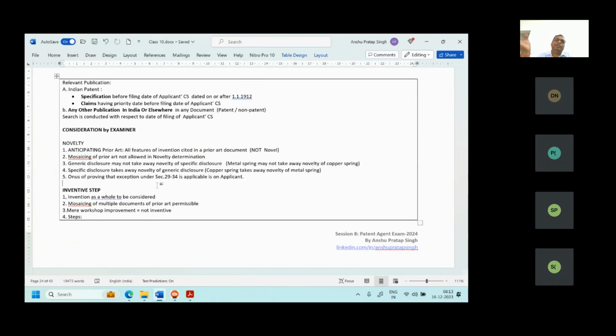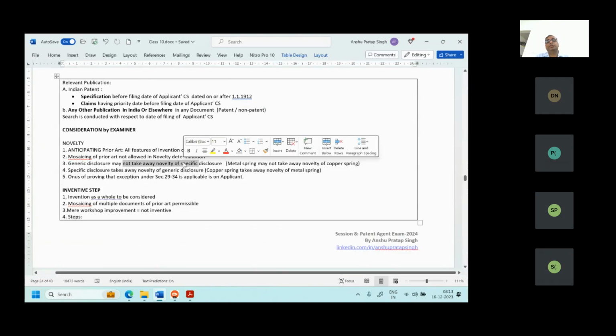For example, if I have claimed a handle made of metal, then if someone claims a copper handle or an iron handle, this will not be considered as disclosed earlier, nor is novelty breached. However, the other way around will be considered as taking away the novelty.